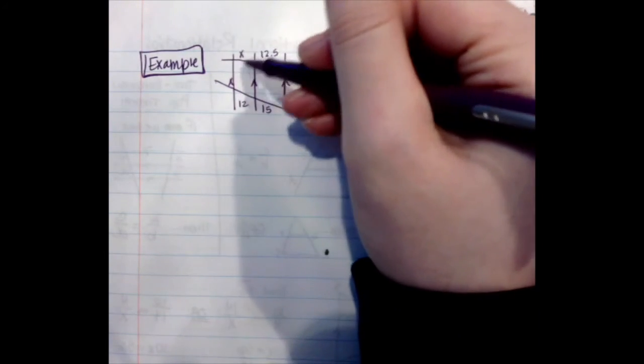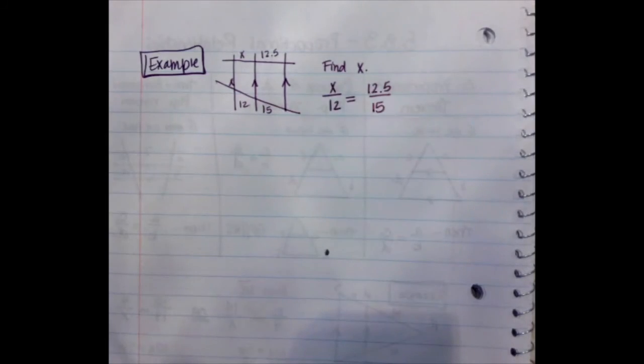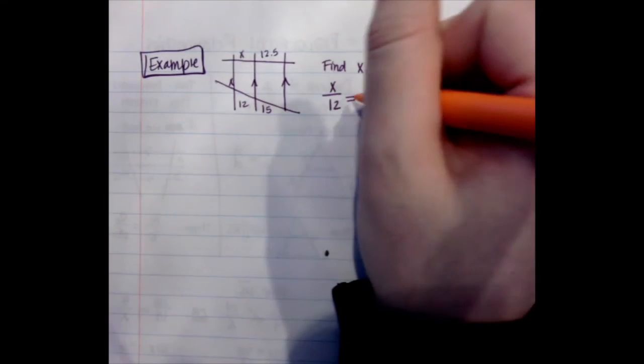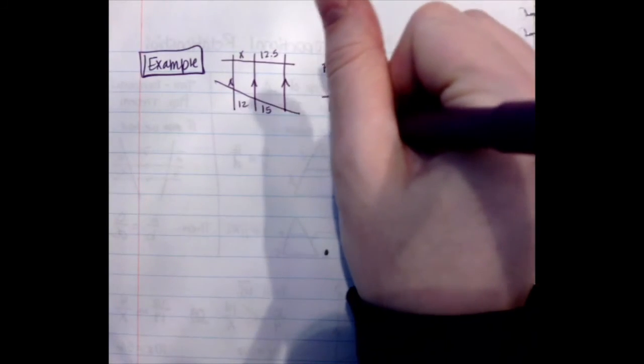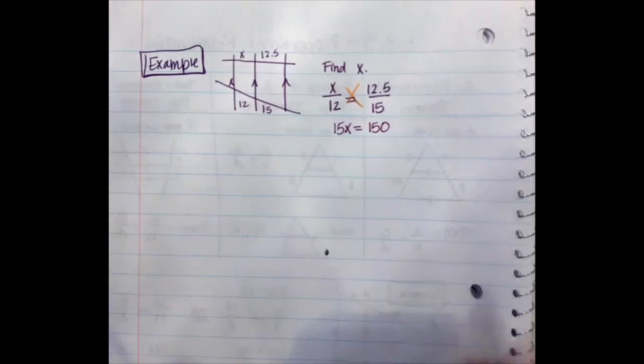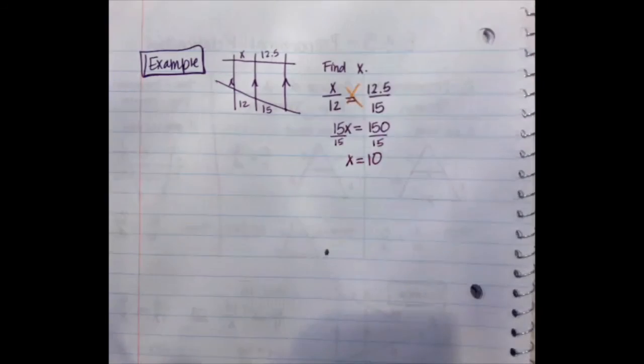Equals, and then because I started up here, I need to start up here for my second one. So 12.5 over 15. And so then you are going to cross multiply to get 15x equals 150, and divide to get x equals 10.